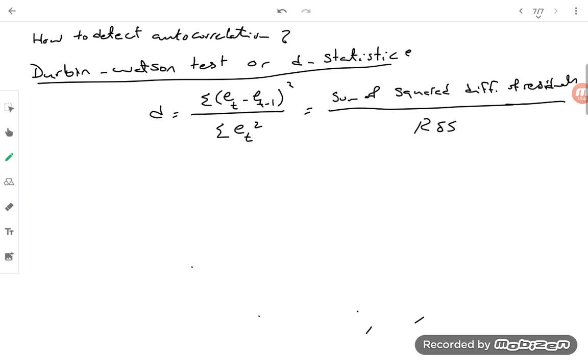If the residuals are autocorrelated, they will be following an autoregressive scheme.